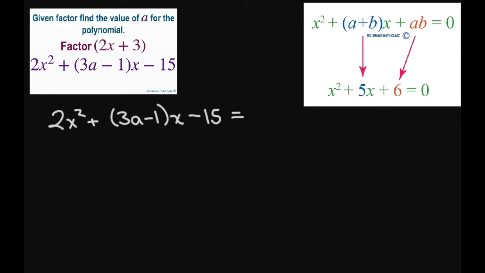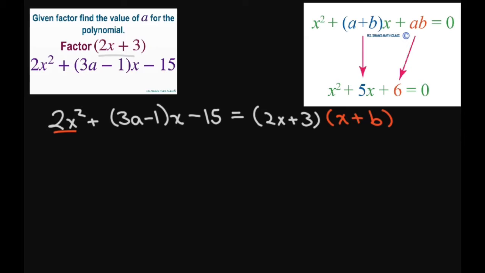Now I'm going to set this up with my factor of 2x plus 3. Since my first term is 2x squared, I'm just going to let this be x plus some b. I'm using b because we already used a.